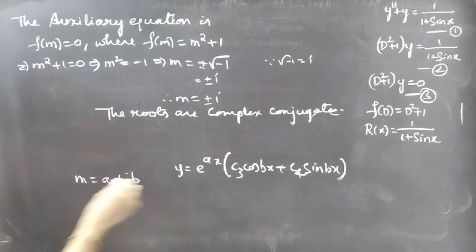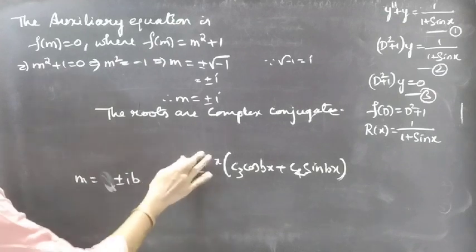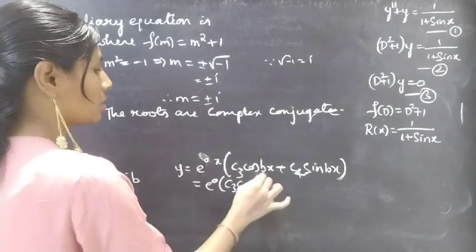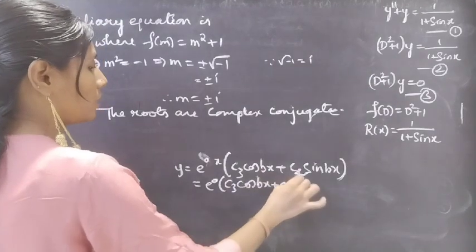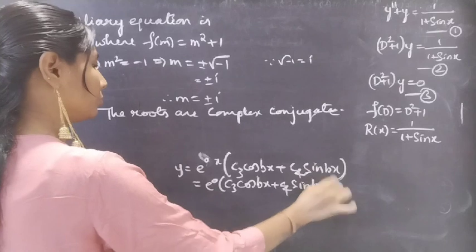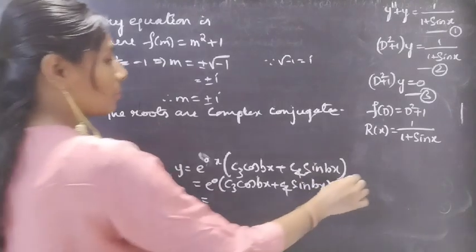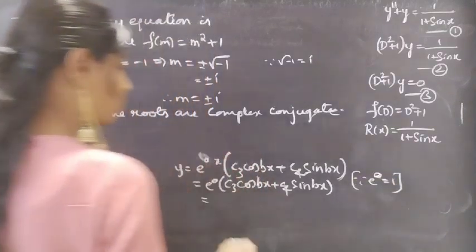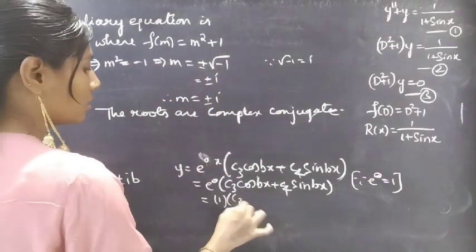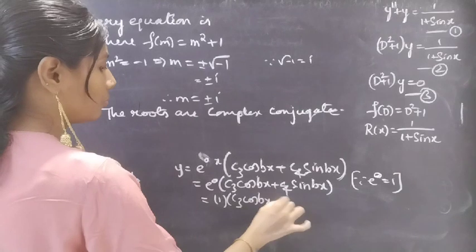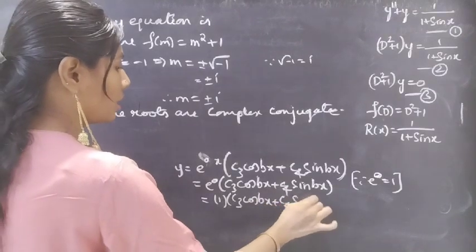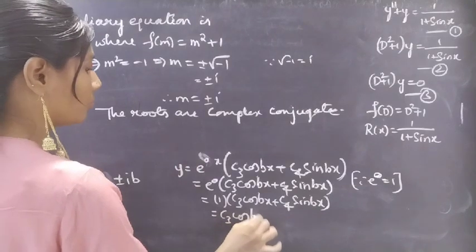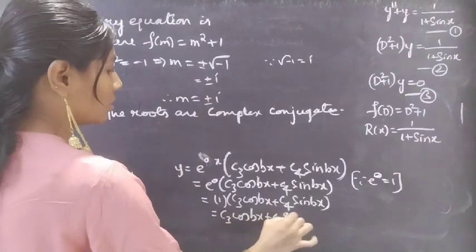Now in case of a equal to 0, we get e power 0 into x, which is e power 0 of (c3 cos bx plus c4 sin bx). We know that e power 0 is 1, so we get c3 cos bx plus c4 sin bx.